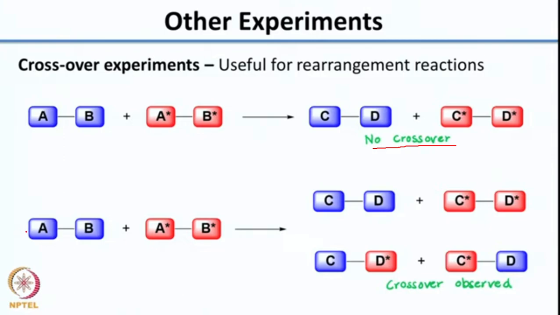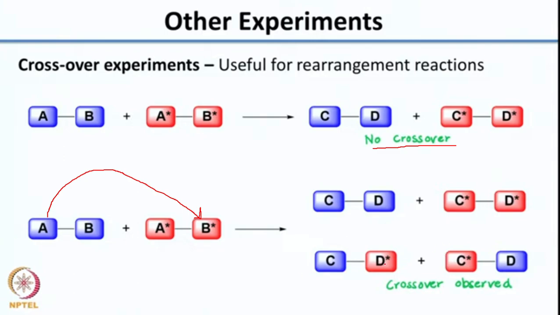But if we have a crossover product, what will happen? First, they will give a simple product, like AB will give CD and A star B star will give C star D star. But when the crossover happens, what can be the possibility? This A star can form a bond with this B star, which will give you the product C and D star. C is representing A, right?